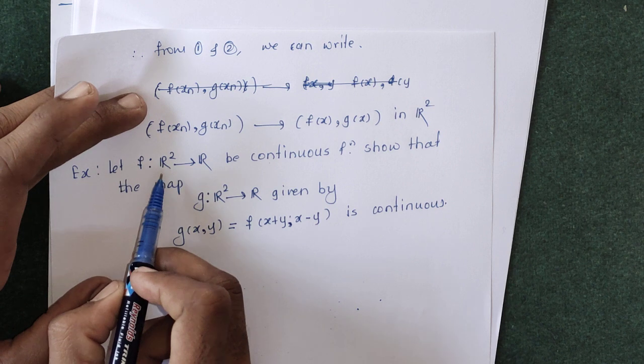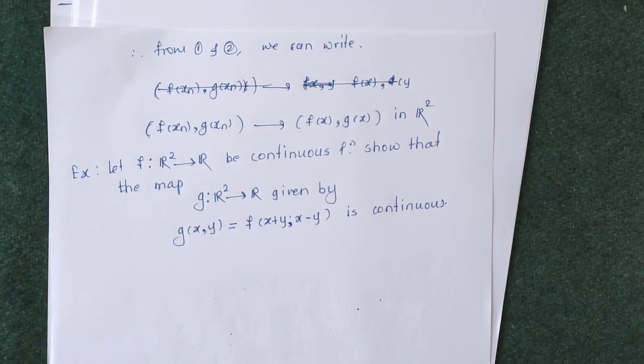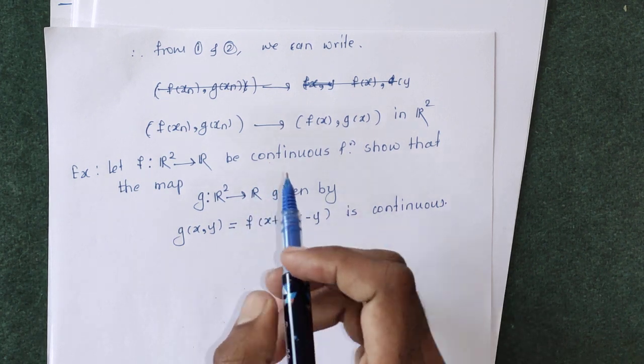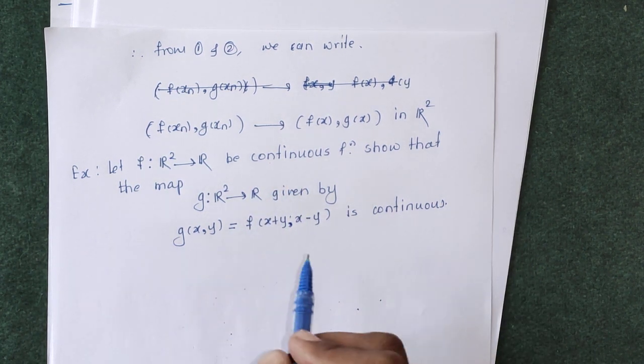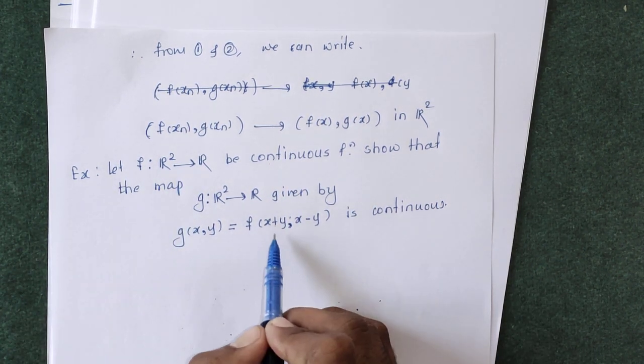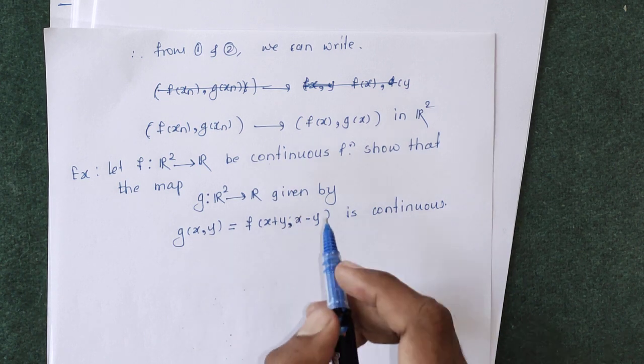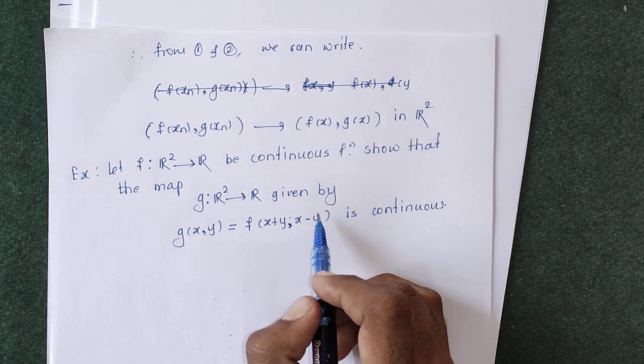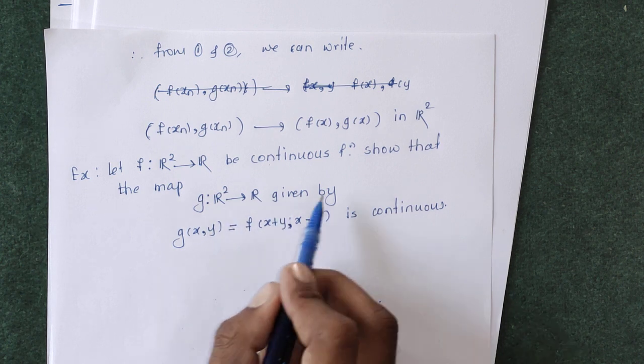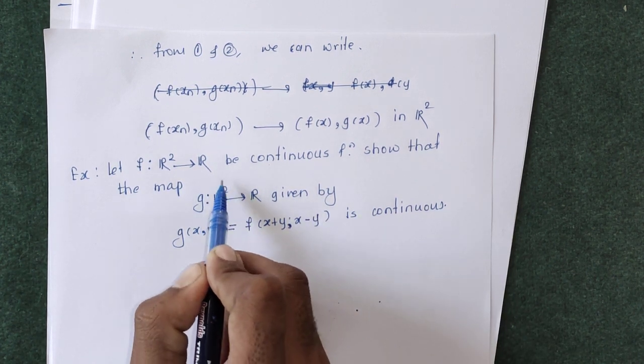Here f from R square to R is a continuous function, and we have to prove that g from R square to R is also continuous, where g of (x, y) is defined as f of (x plus y, x minus y). To prove that this function is continuous, we have to take a sequence in R square.